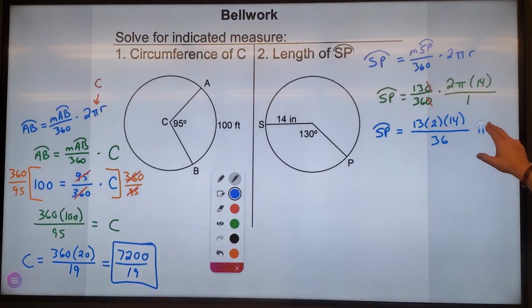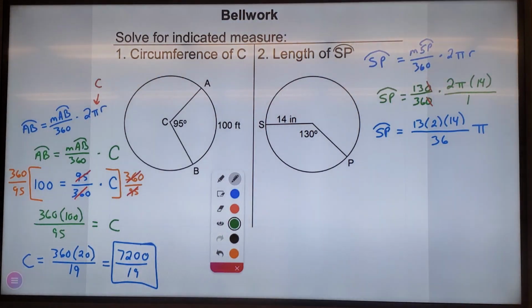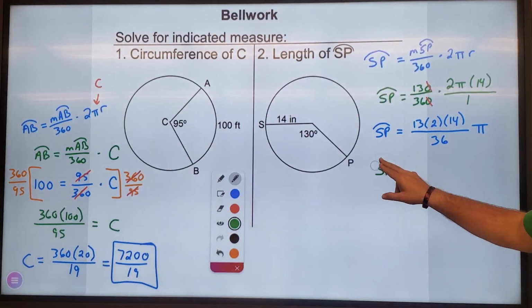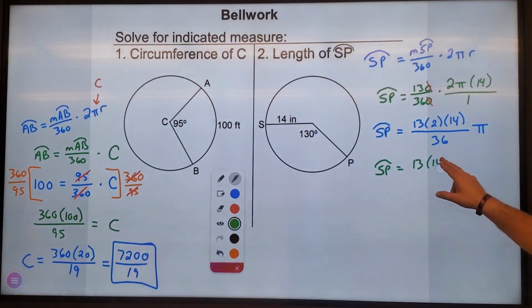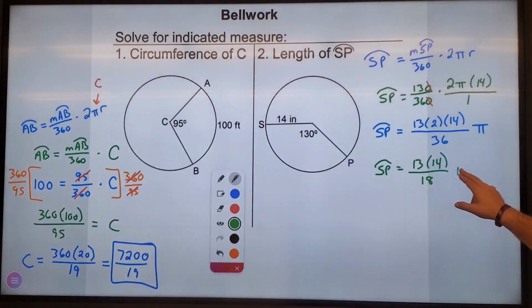And then I still have that pi symbol to work with. Okay, and then I'm going to continue simplifying here. So 2 and 36, I can reduce by 2. So it's 13 times 14 over now 18, because 36 divided by 2.